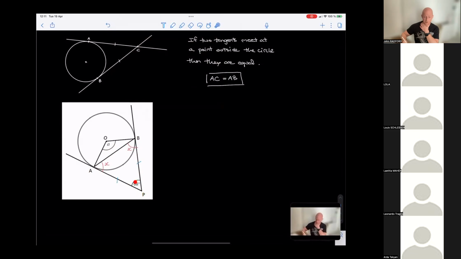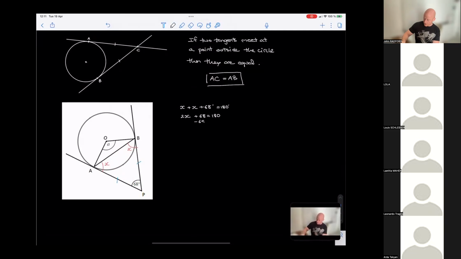Since I know that this angle at the top here is 68 degrees, and I know that the sum of these three angles has to be 180, I can go ahead and write that X plus X plus 68 has to be equal to 180. Okay. In other words, 2x plus 68 equals 180.